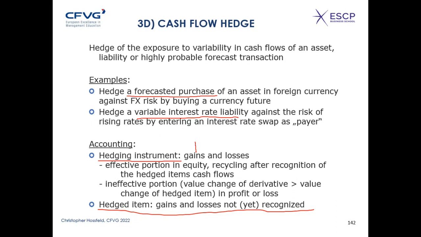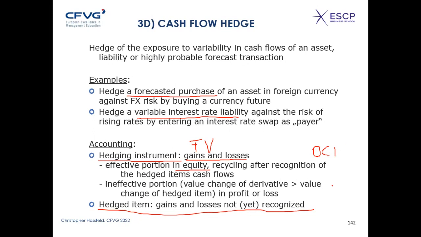And that means I will fair value my derivative. That never changes. But this time, the fair value gains and losses are put in equity, more precisely, in other comprehensive income. So the derivative is on the balance sheet and is fair valued all the time. The fair value gains and losses go in OCI.